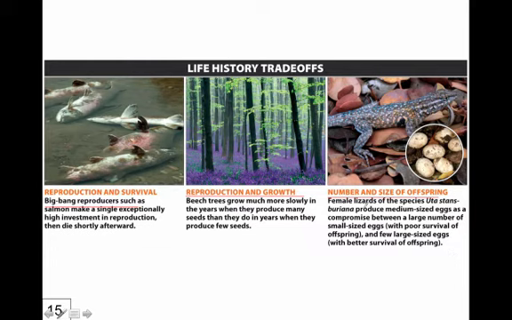Often in this trade-off, they will settle for somewhere in between: medium-sized eggs that produce strong progeny, not quite as strong as if they would just produce a few. And you can think about where humans fall into this. We typically fall into the category where we have relatively large progeny, but very few of them, as opposed to, say, mice, who have a lot of progeny over the course of a year, but not very many of them will actually survive.